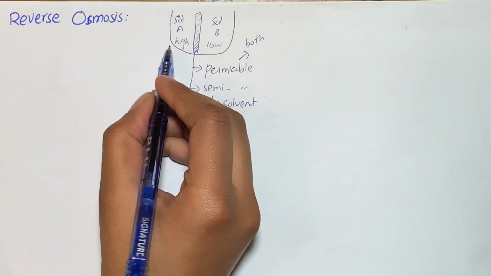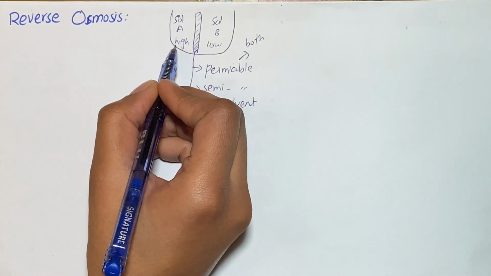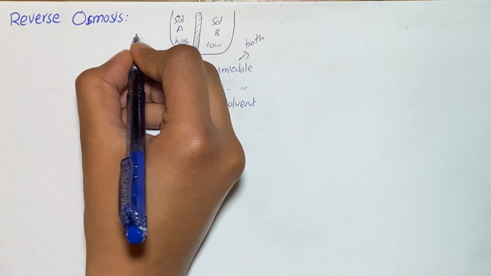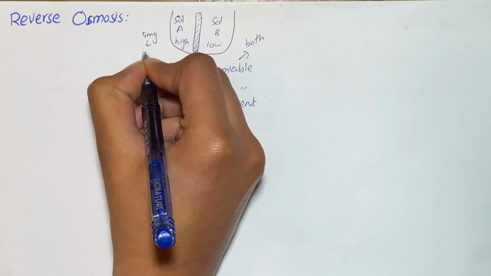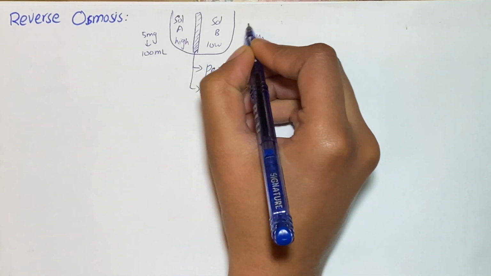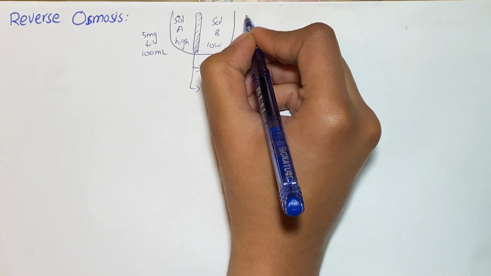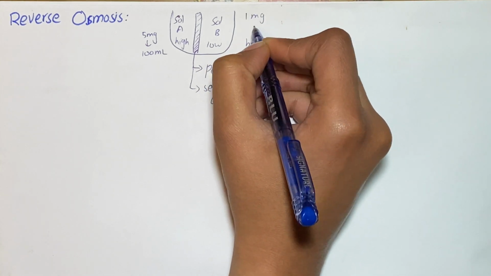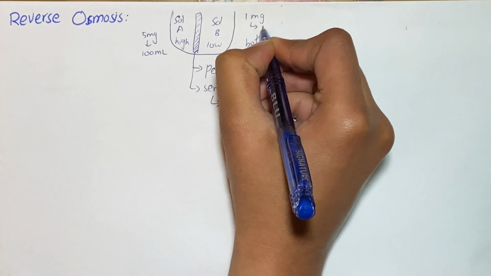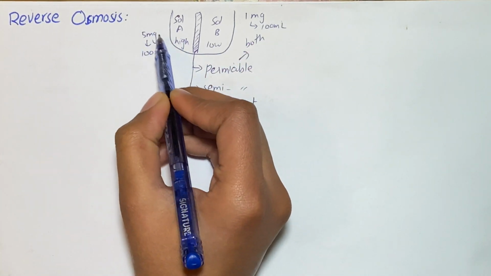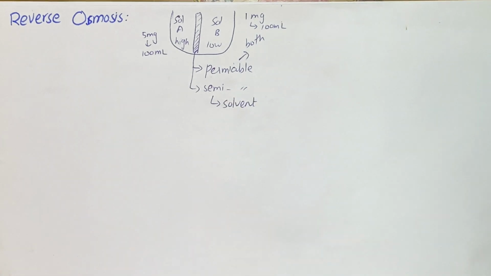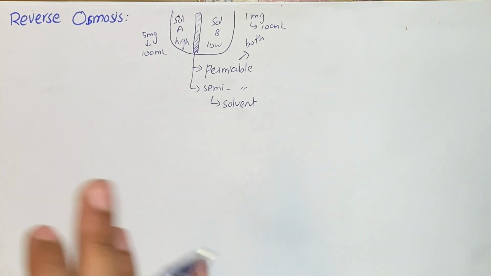So now we take an example of it, as if solution A has 5 mg of salt in 100 ml of water, which is more concentrated than solution B having 1 mg of salt in 100 ml of water. So obviously solution A is more concentrated and solution B will move towards solution A across the semi-permeable membrane to balance the concentration gradient.